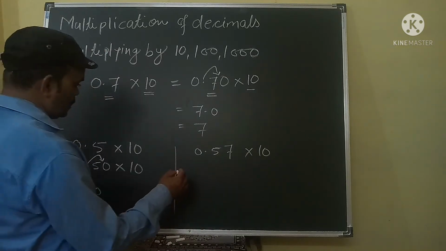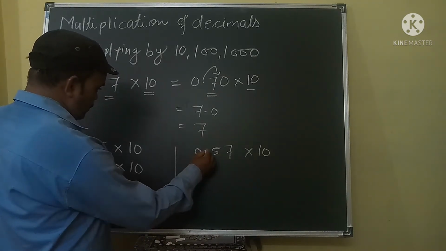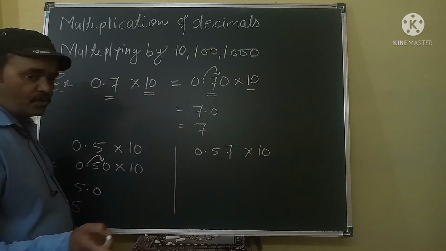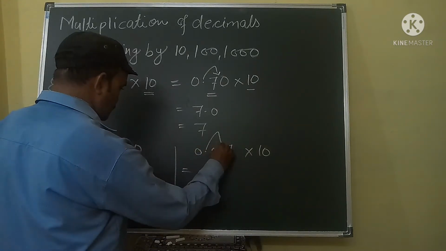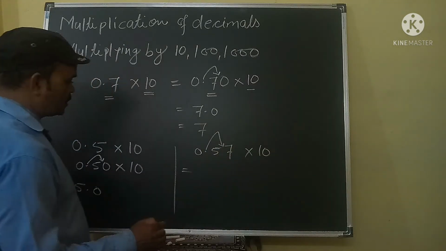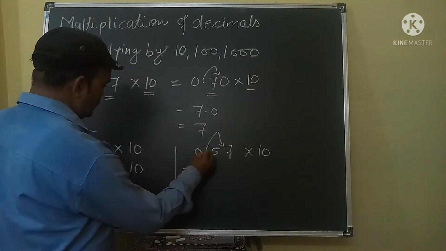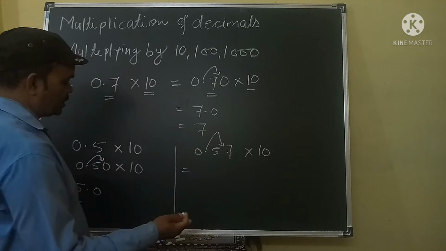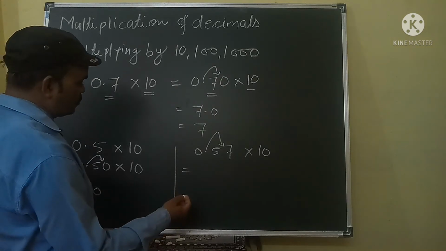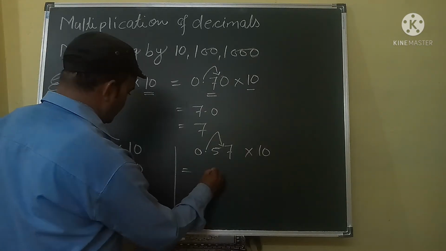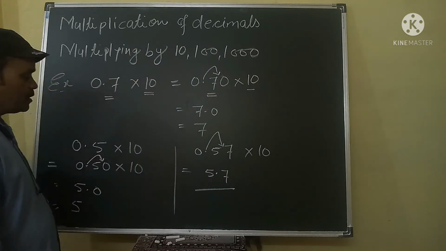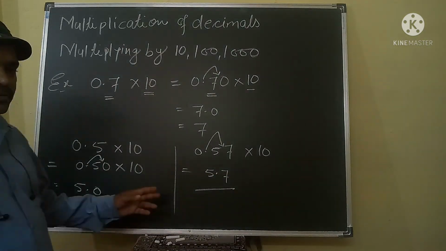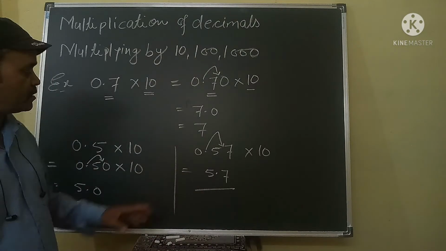That means we will get the new position of the decimal point. After moving the decimal point, the new position of the decimal point is 5.7. This is the required answer for the required question.